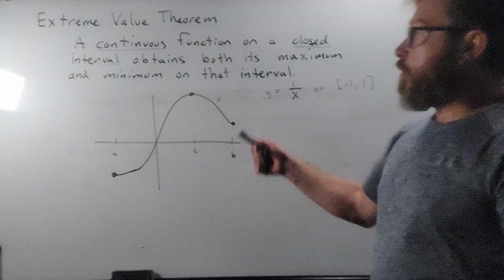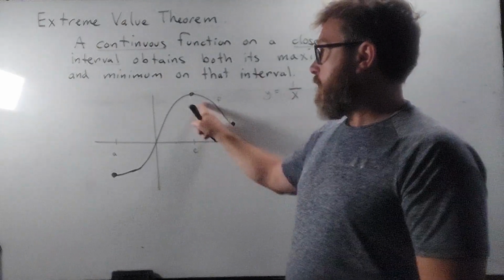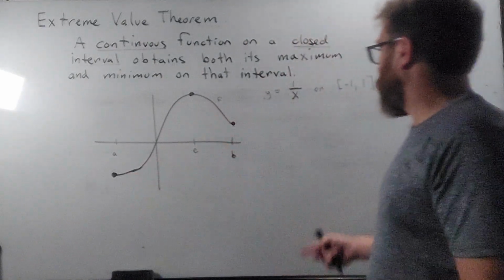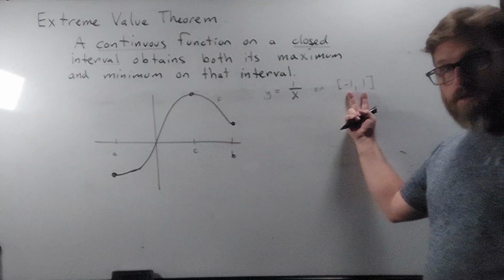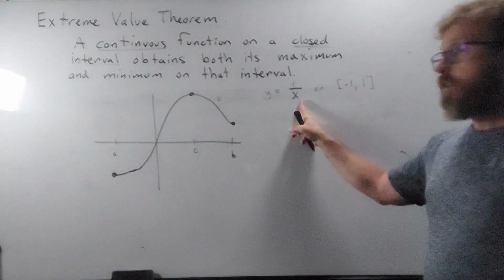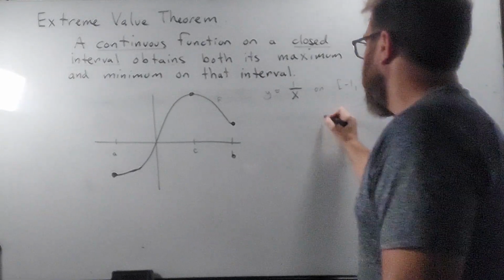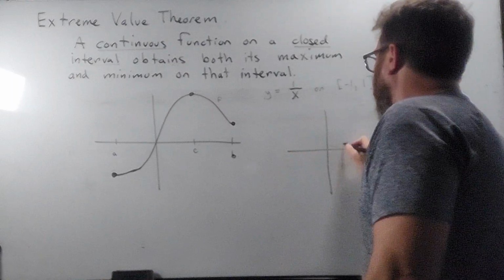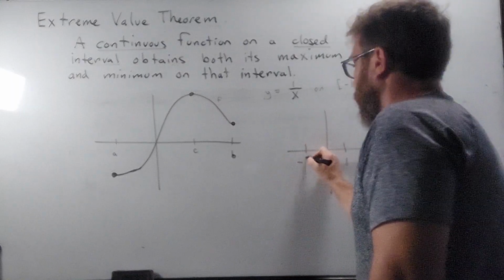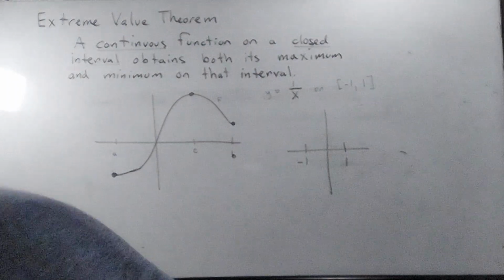Well, it has to be continuous and also has to be on a closed interval. So what I can see is that this is a closed interval, but this function is not continuous on this closed interval. So if you look at our symmetric interval from -1 to 1, we'll do it in a different color.